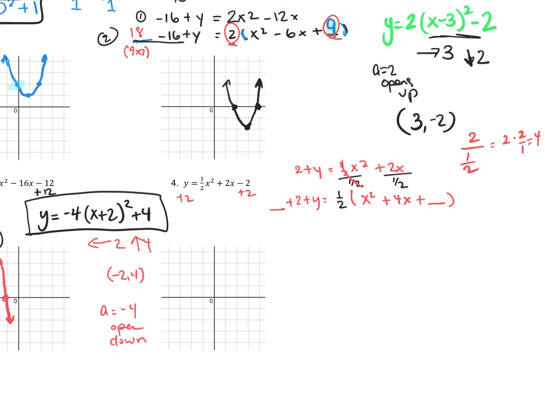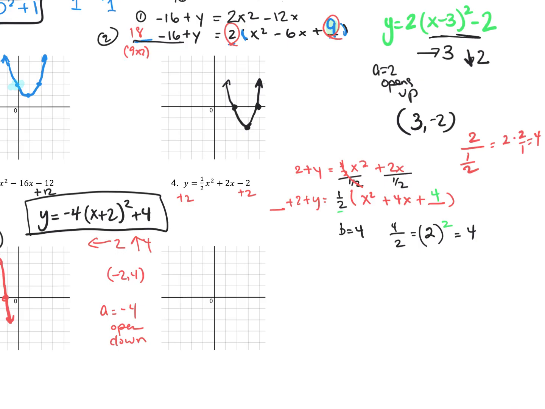That is something different. Okay, so now that we've done that, we can take b inside the parentheses. So b is 4. Take 4 divided by 2, we get a 2. Now square the 2, and you get 4. So I'm adding 4 here, but now I want to be careful.